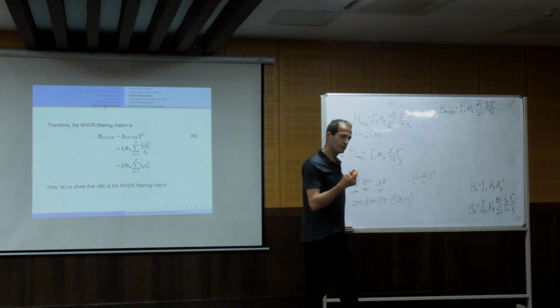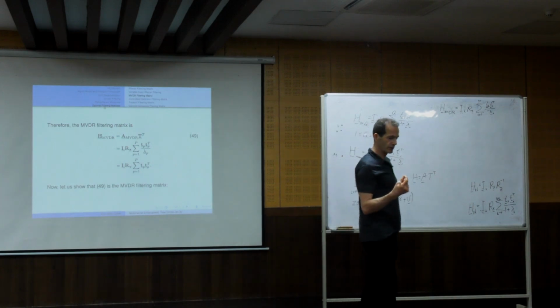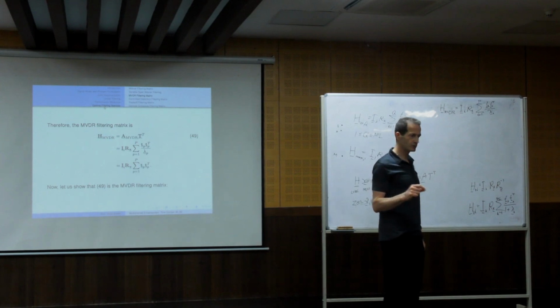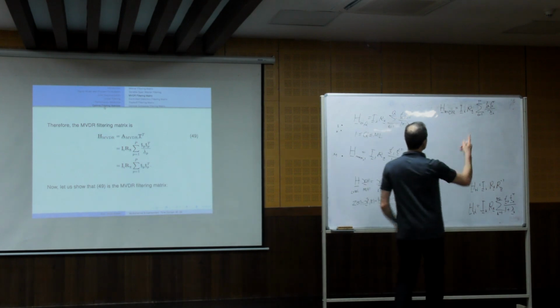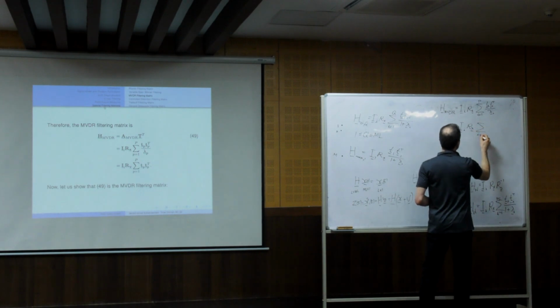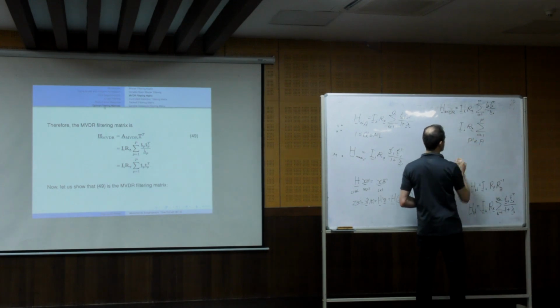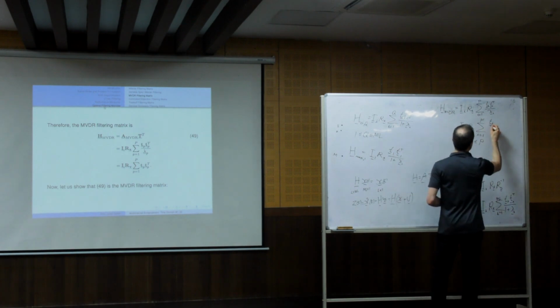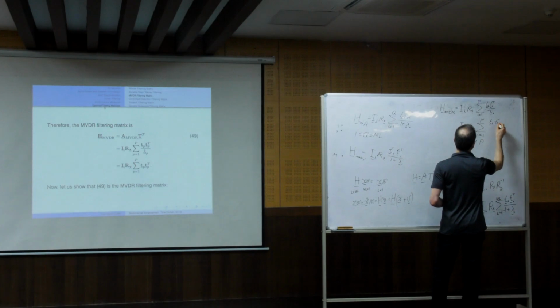So if I want to remove some amount of noise with the least amount of distortion, I will take this summation from i equals 1 to P prime, and P prime can be smaller than P, of t_i t_i transpose over lambda_i.